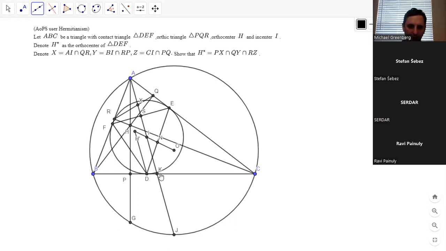And K is the foot of the angle bisector, so we can calculate KP. That might come down to a calculation, right? Because we know DH prime is twice IS. Yeah, maybe that's not so bad. It might be a little ugly, but maybe that could work.